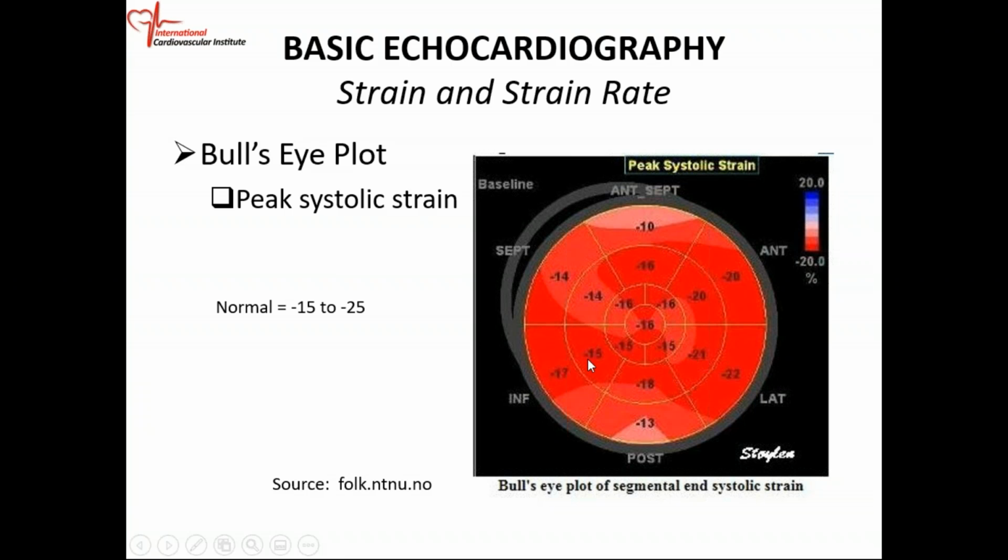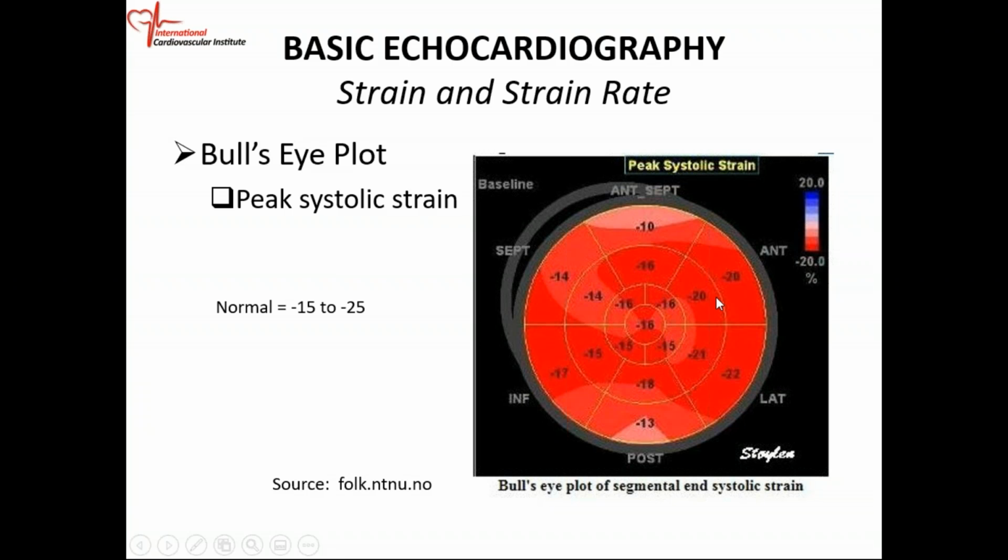The mid cavity into 6 regions or segments, and then the base into 6 segments or regions. So the apical cap is right here. The apex is there. The anterior wall is up here. The inferior wall is right there. This is the septum right there, and then this is the lateral wall.